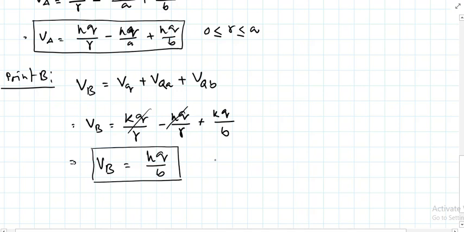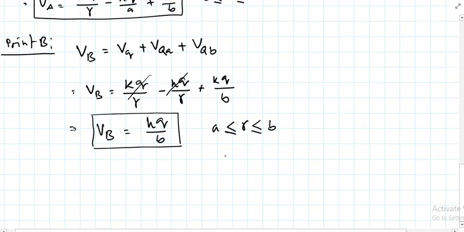We can write where r is greater than or equal to a and less than or equal to b. So this is the potential at point B. Fine. What about at point C?